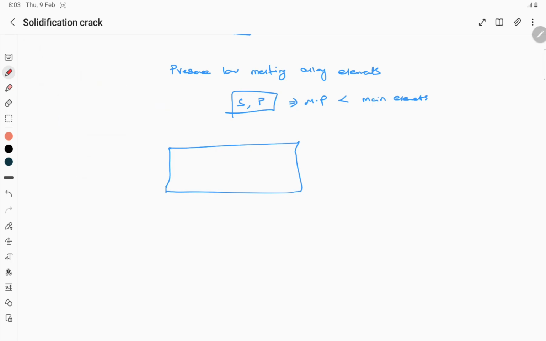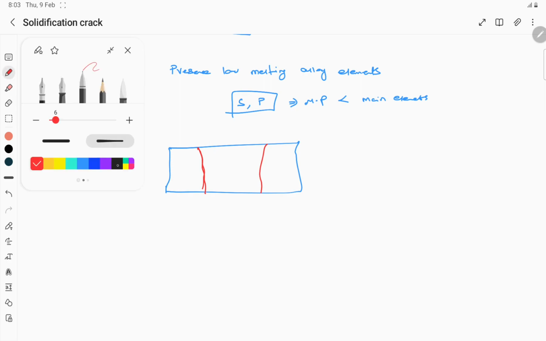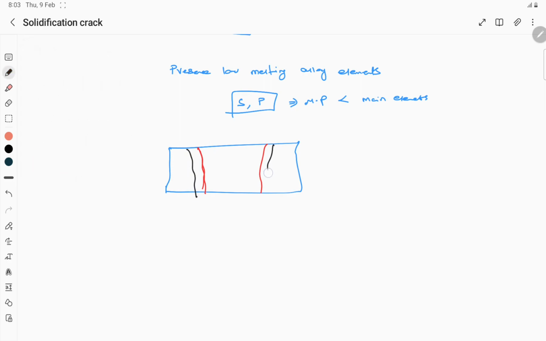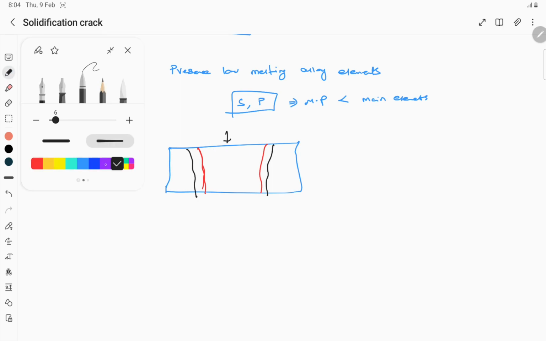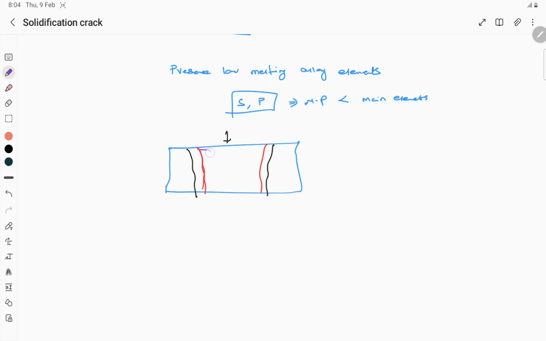So I'll just show. So this is the interface, weld interface, and here we have this heat affected zone. This is the heat affected zone. So this area generally material will be heated above the melting point. So during solidification, what happens is that grains will be growing from the interface towards the weld center from both the ends like this.